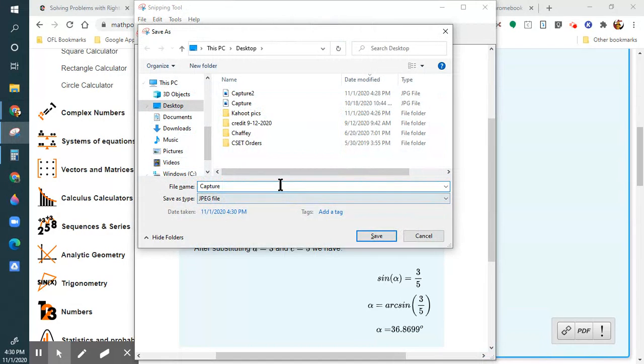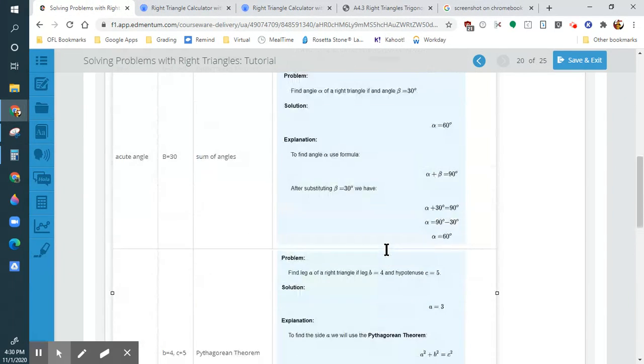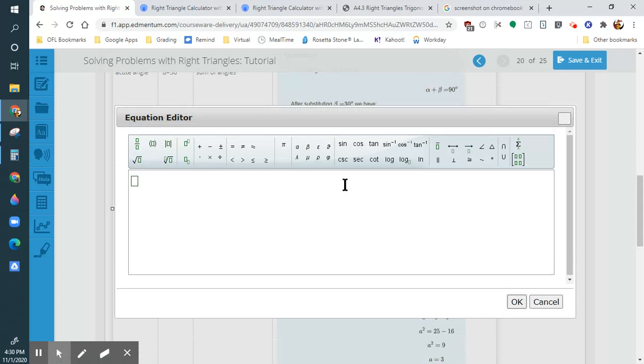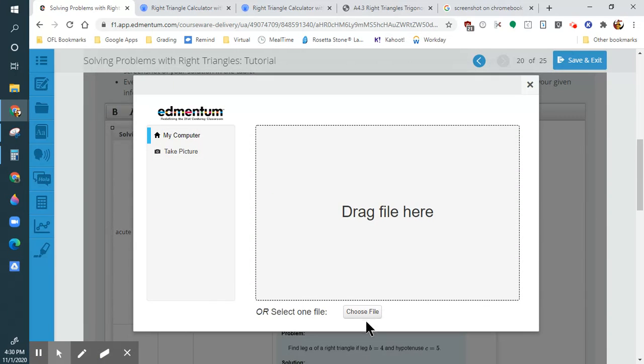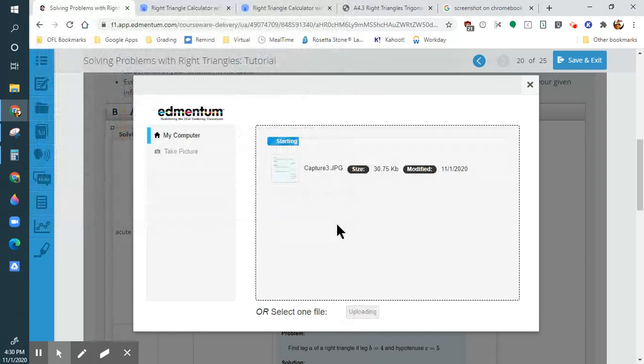I'm going to call this capture 3. So scroll all the way up to here, and you're going to keep having to scroll more and more the more images you put in. And I meant to click this one, image from my computer. Capture 3.